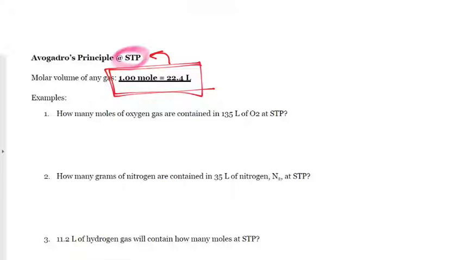Now, this isn't technically something you have to memorize. It is on your equation sheet, although it looks a little bit different. It's written as 22.4 liters per mole, and it says that that is the standard volume of a gas at STP. So it does remind you that that is only going to be true at STP.